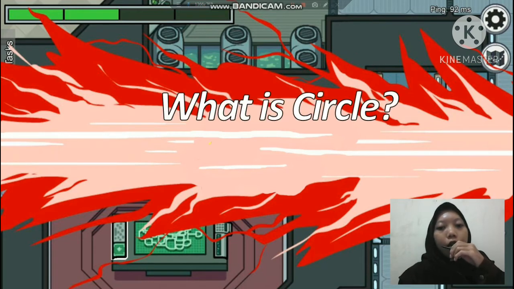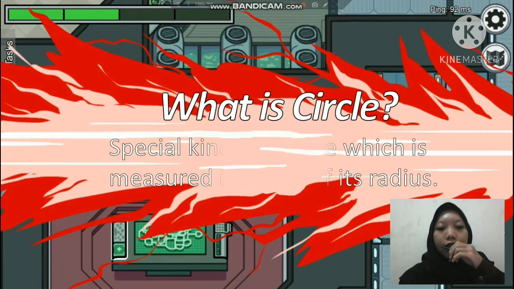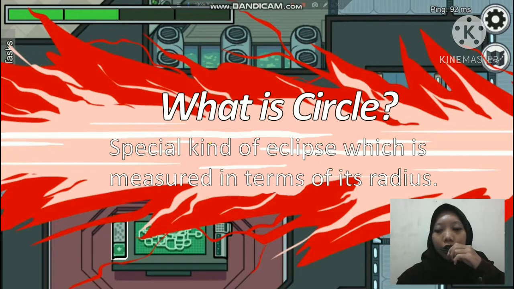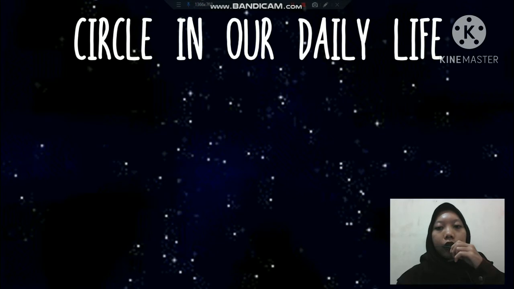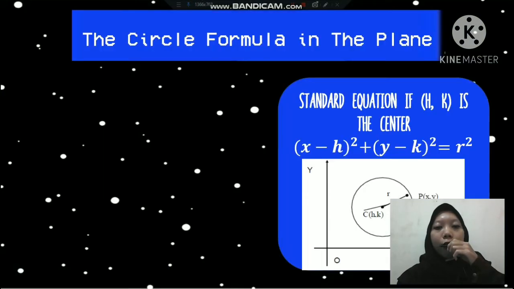What is a circle? A circle is a basic two-dimensional shape, a special kind of ellipse, which is measured in terms of its radius. Now, the circle formula in the plane.